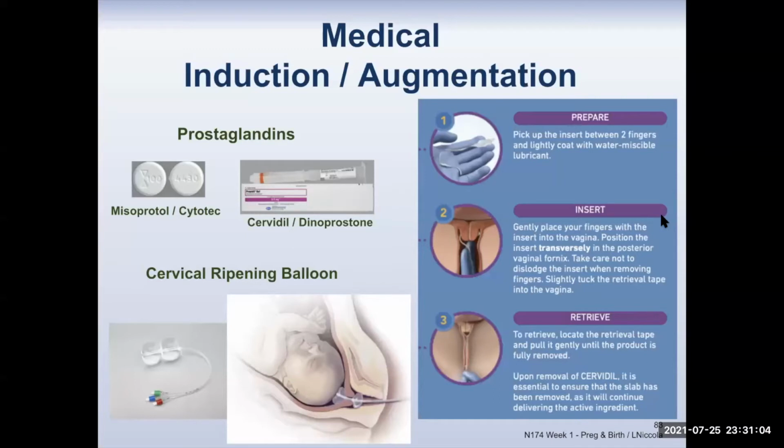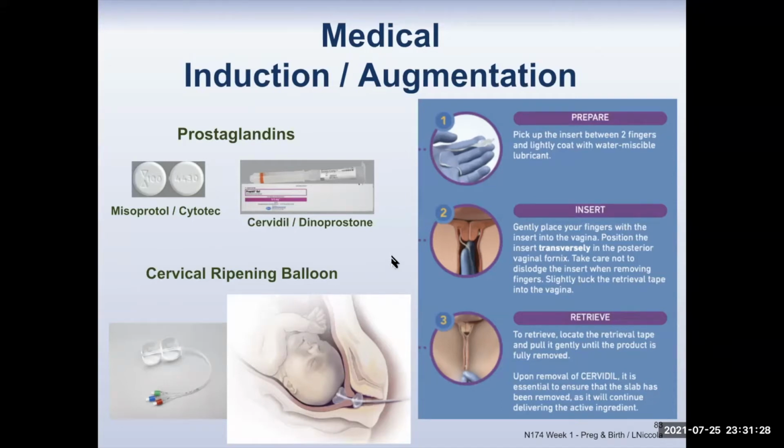Prostaglandins cause contractions, and medications that are prostaglandins will cause contractions. Now, we know that during a woman's menses, if that woman gets cramps, those cramps are caused from prostaglandins, okay?